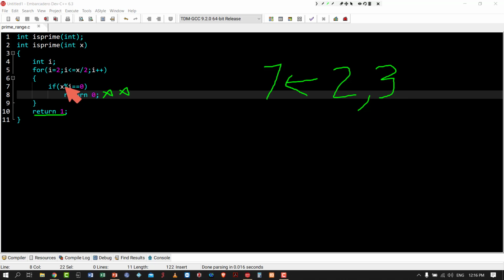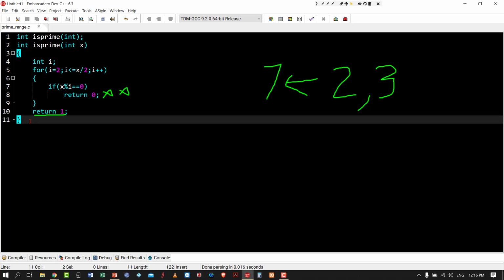So if the remainder never becomes 0, this line number 8 will not execute. So once the for loop is finished, this return 1 will work. So return 1 means it is prime. Any doubt? Okay. So we will write the remaining part.